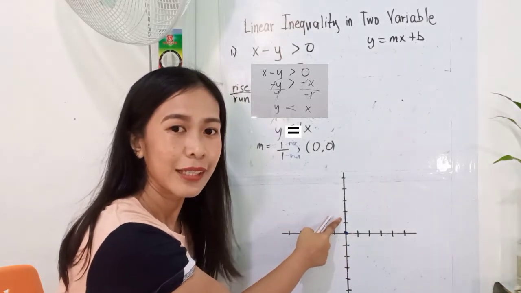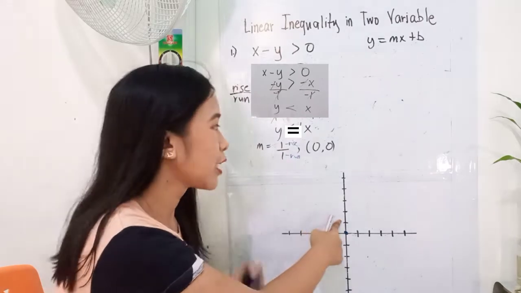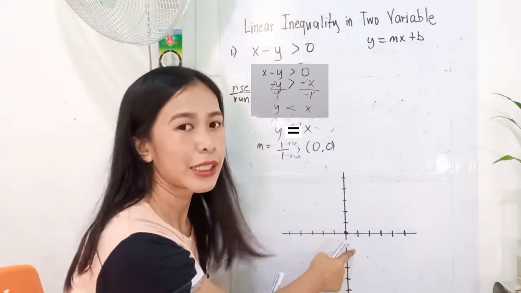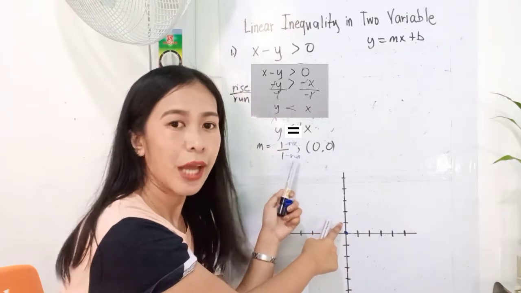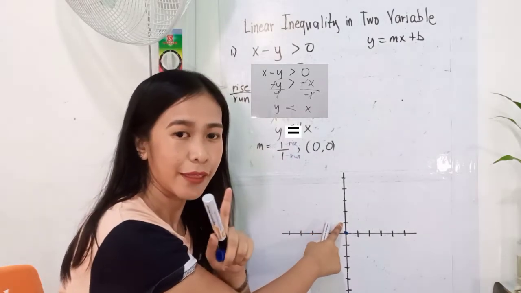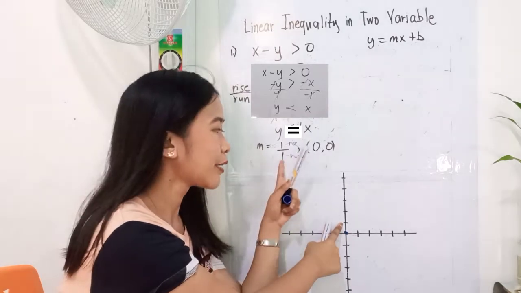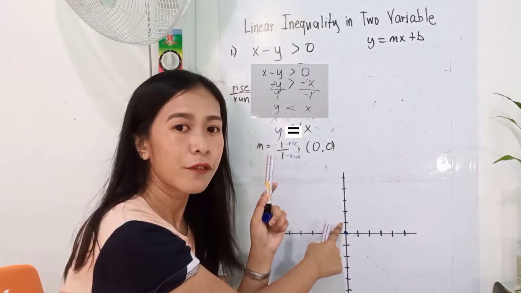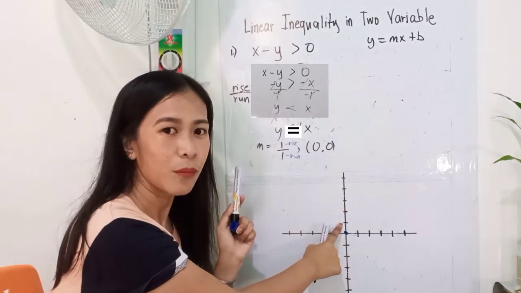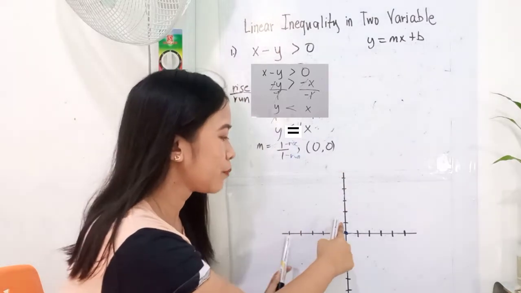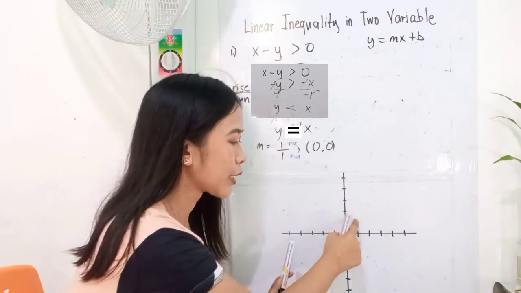So, nandito ka na. Tama? Kapag naman negative yan, from the center, baba ka ng isa. Pero positive, kaya nandito tayo. Okay? And then, itong run or the denominator, ang run ay isa lang din, and positive si run. Therefore, pakanan ka. Kapag negative yan, pakaliwa ka tatakbo. Okay? So, dahil positive, dito tayo. From dito, run tayo ng isa.